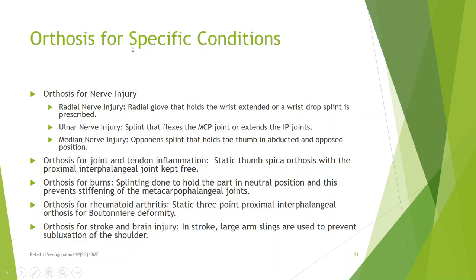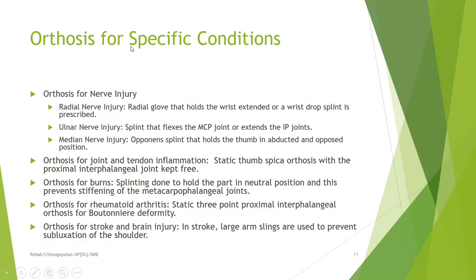Okay, so then you have orthosis for joint and tendon inflammation as well. So you have static thumb spica orthosis, which holds with the interphalangeal joint kept free. Interphalangeal joint is where your fingers can fold. Those joints are kept free.